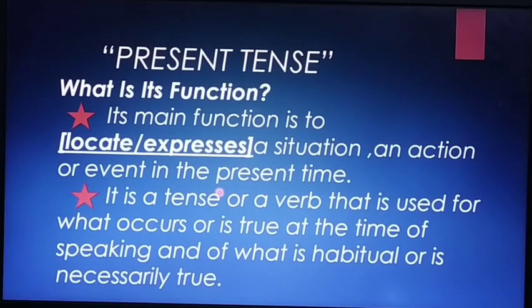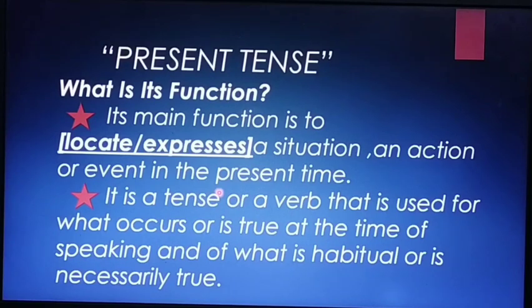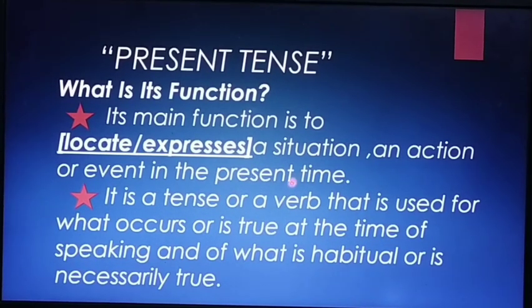It is a tense or a verb that is used for what occurs or is true at the time of speaking, or what is habitual or is necessarily true, that cannot be changed. So there we'll use present tense.